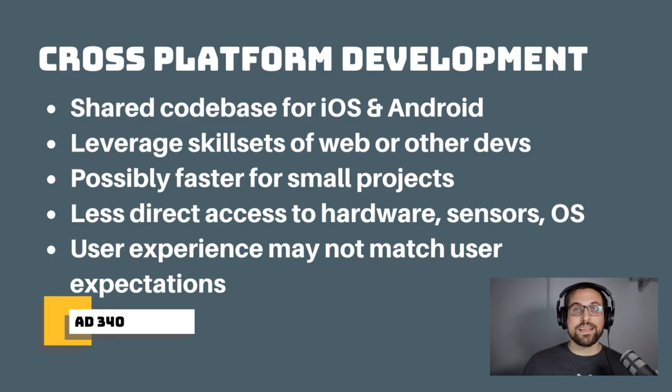And one of the biggest challenges with cross-platform development is building user experiences that look and feel native. When I pull out an Android app, I expect it to behave a certain way. If I pull out an iOS app, I expect it to behave a certain way. And cross-platform makes that challenging since you're building a single code base and experience for both. So that's one of the big things to keep in mind when building for cross-platform.